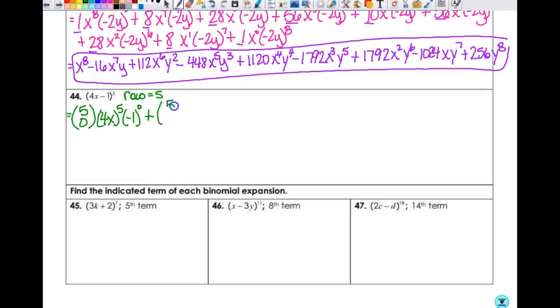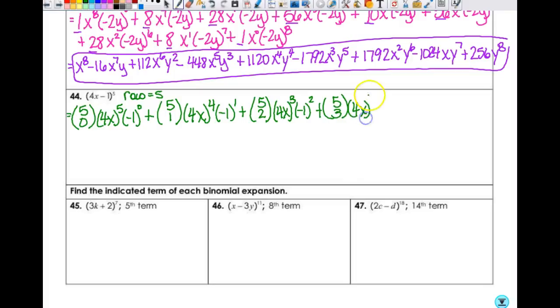Then it's going to be a combination that's 5, 1, and I'll have 4x to the 4th, negative 1 to the 1st, plus do the combination of 5, 2 times 4x to the 3rd times a negative 1 squared, plus 5, 3, 4x to the 2nd, negative 1 to the 3rd, plus 5, 4, oops, not a fraction, 5, 4, 4x to the 1st, negative 1 to the 4th, plus 5, 5, 4x to the 0, negative 1 to the 5th.